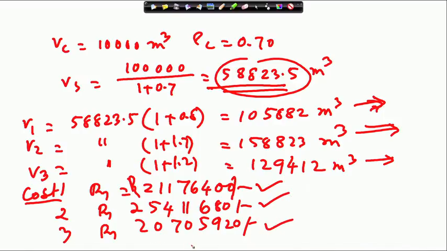So, which one is the lowest? This is the lowest. So, we should choose site 3 as the borrow site because that will be more economical. So, this is the fifth application. Now, I will do one more, the sixth application.